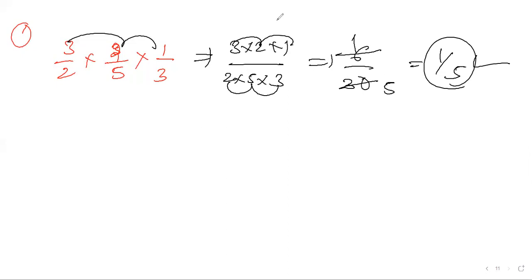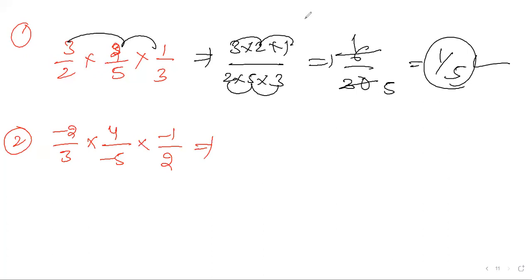Okay. Next, second question. Minus 2 by 3 into 4 by minus 5 into minus 1 by 2. This is the question. First, we have to see wherever the signs are not available, treat it as plus.